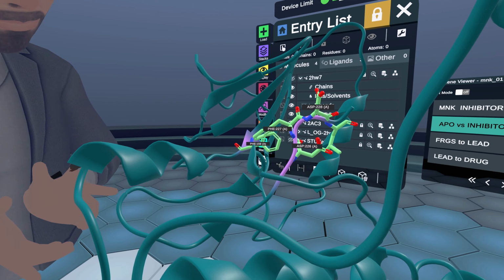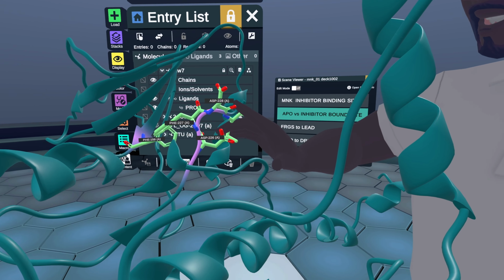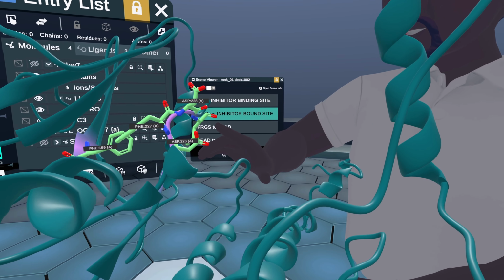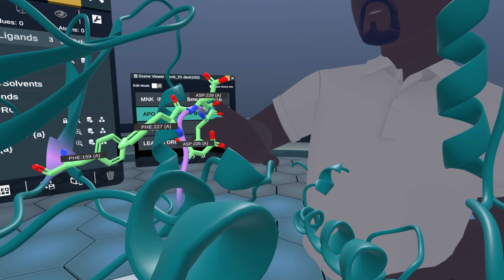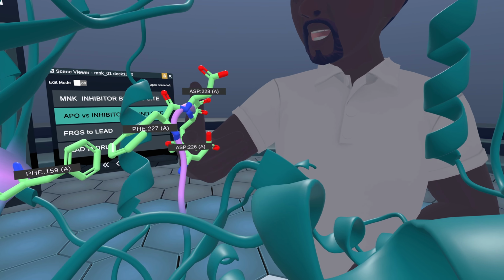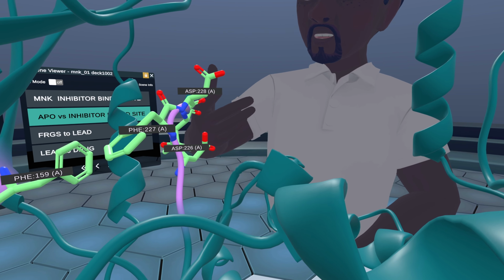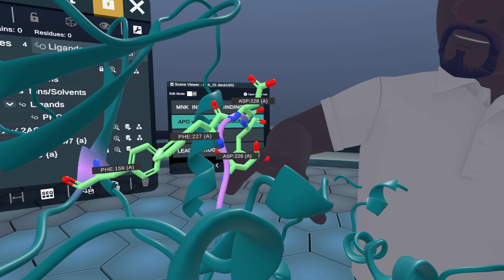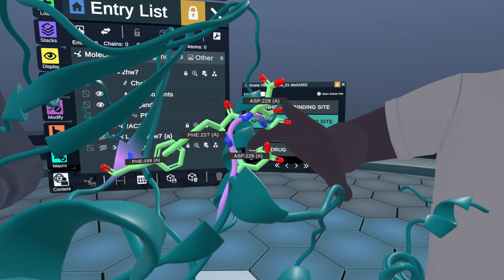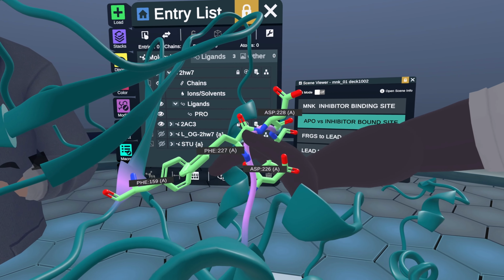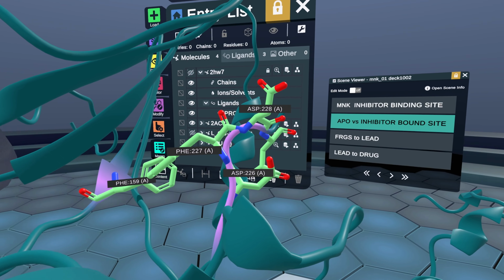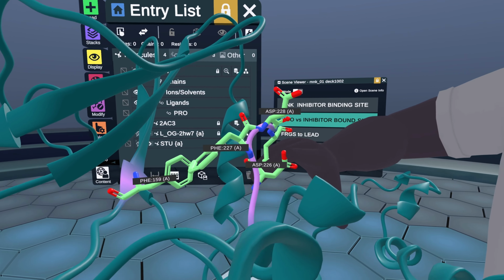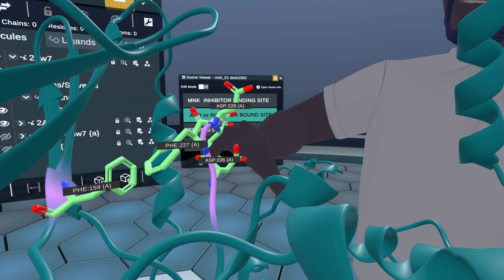The reason why I've highlighted this loop here is because that loop plays a significant part in the way Mink is activated. That's called the activation loop. And the residues that we're highlighting here are the D, F, D. So that's the DFD motif. And in kinases, people will either have a DFG or DFD.